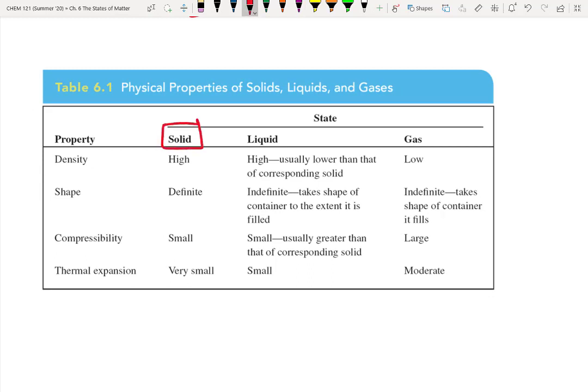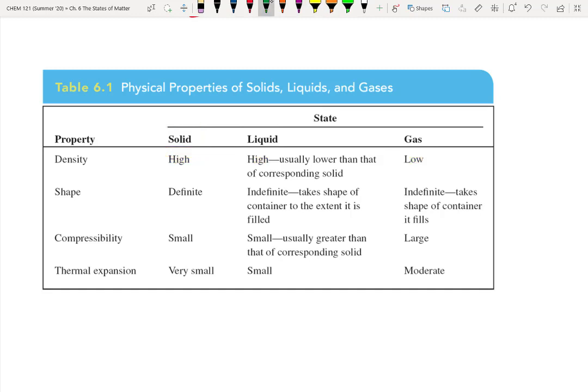So if we think about a solid, it's going to have a pretty high density compared to a liquid or a gas, right? A liquid, on the other hand, is going to be high, but it's going to be lower than a solid. And a gas has a really low density. So gases tend to float above solids, right? You're not going to have a solid just kind of spring up into the air and float on a gas. That just doesn't really happen. All right, so that's a good one to look at.